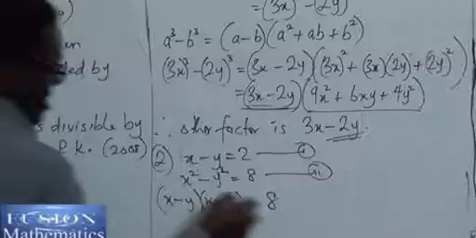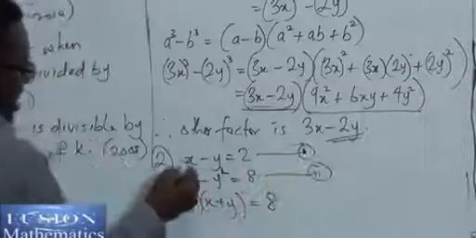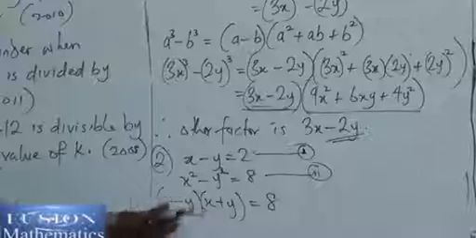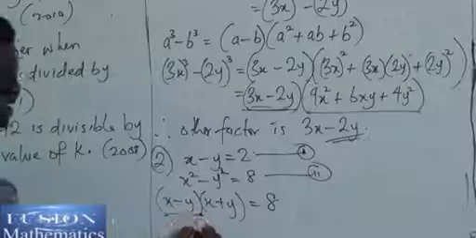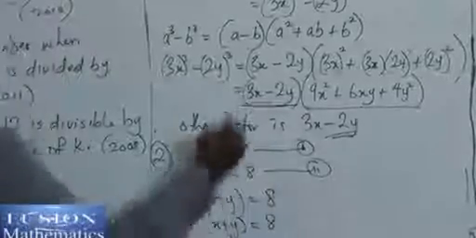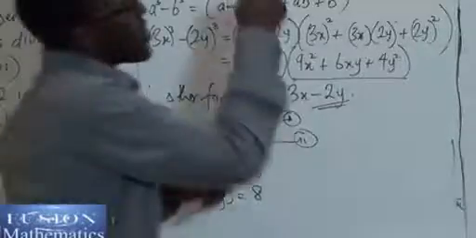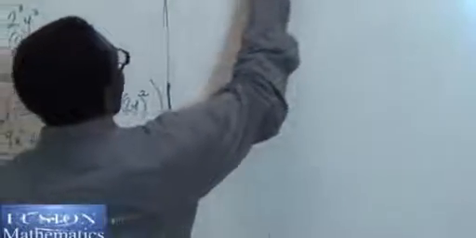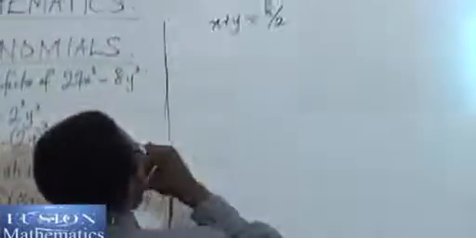So already we can see from our equation 1 that x minus y is equal to 2. So wherever we see x minus y, it will now become 2 bracket x plus y equals 8. Now let's go back to the other side. So this will give us x plus y equals 8 divided by 2.